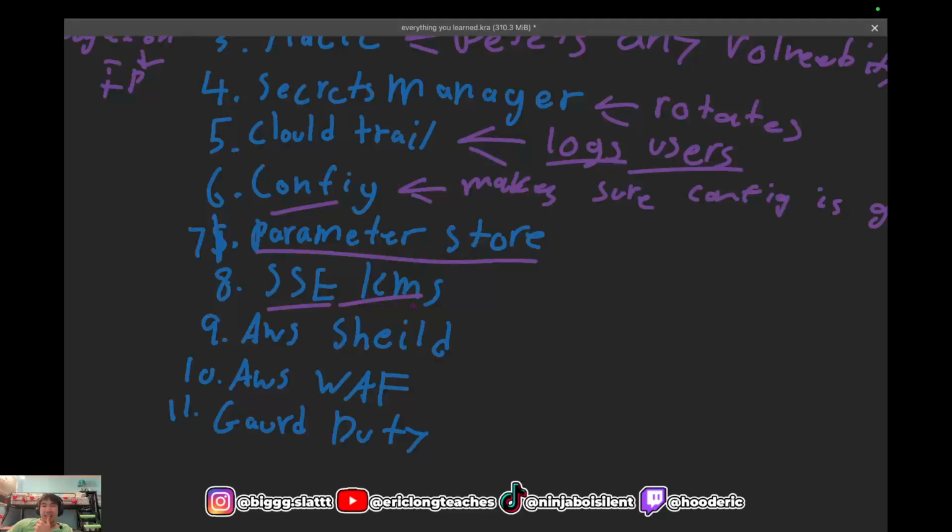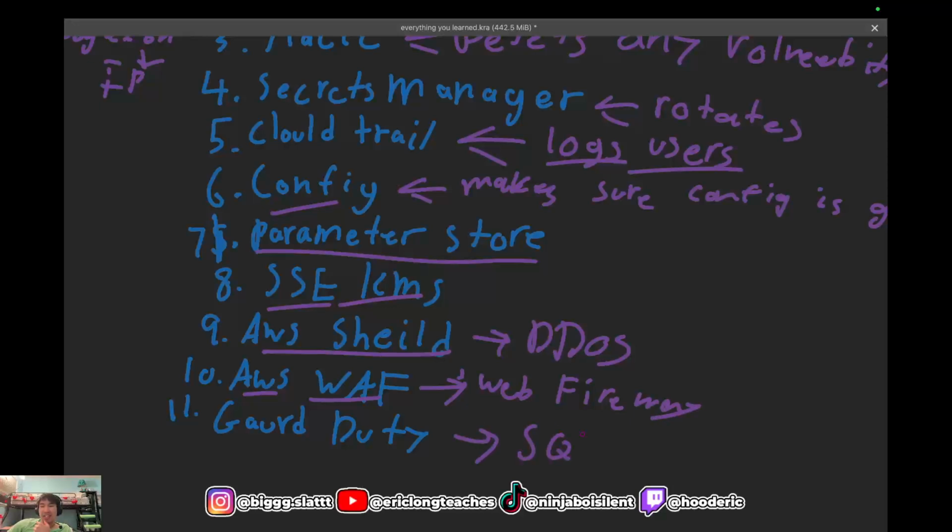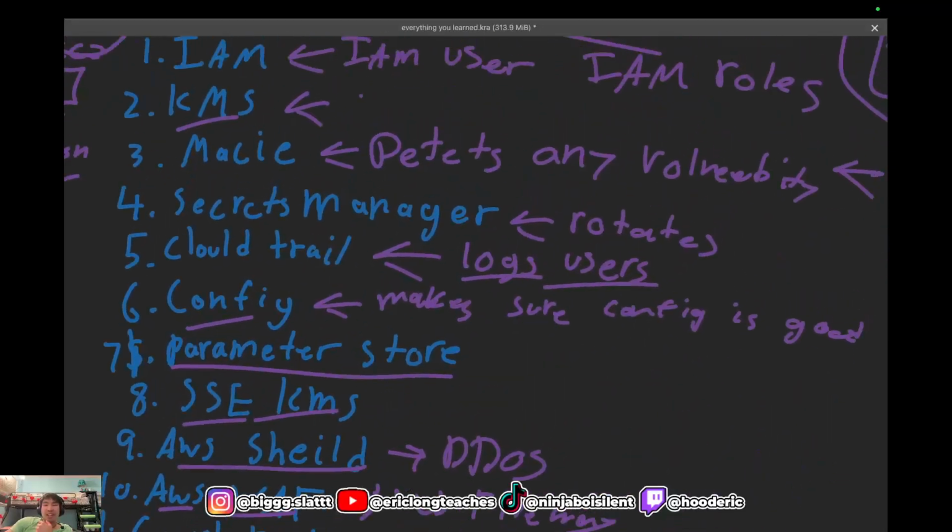SSE, KMS, I don't know. AWS Shield is for DDoS, denial of service. AWS WAF is like a firewall for websites. I think GuardDuty checks for SQL injections. Okay, and I think that might have covered everything.